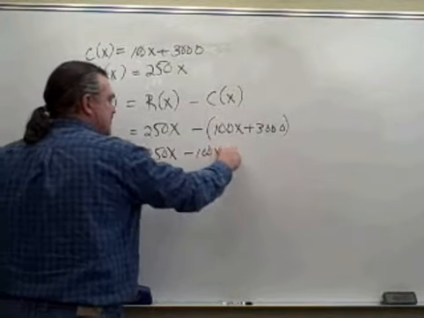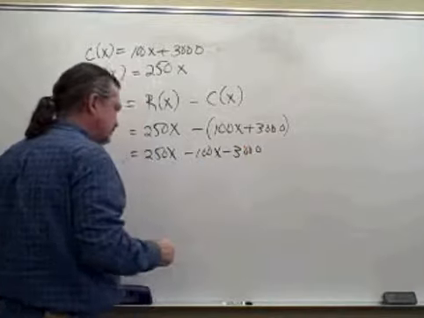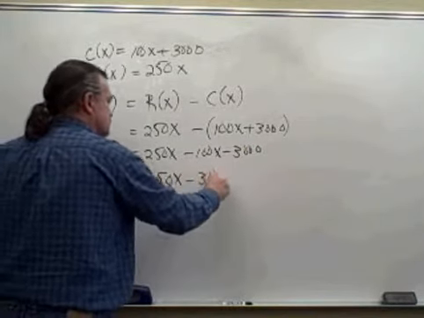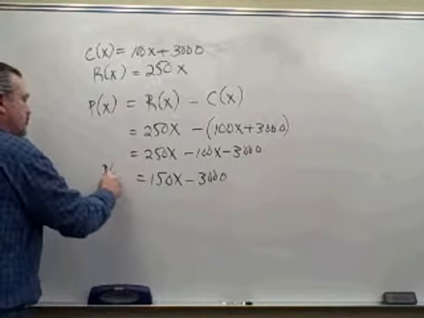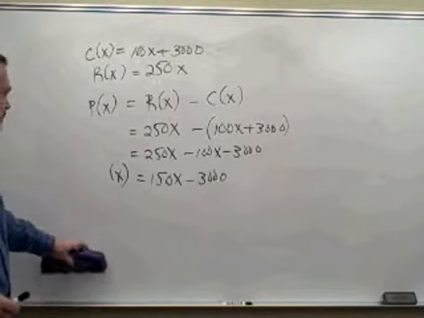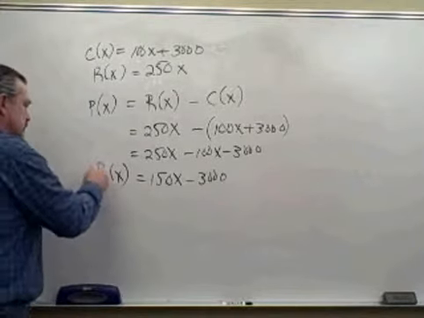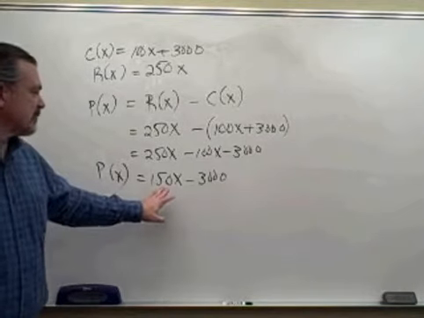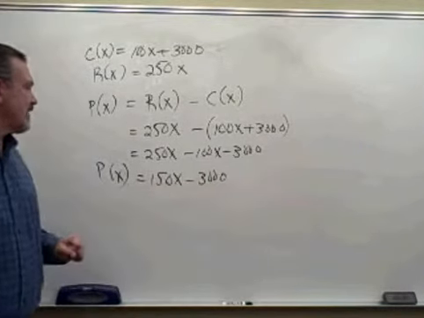Removing that set of parentheses produces this profit function for me. My profit function, P of x, is equal to 150x minus 3,000.